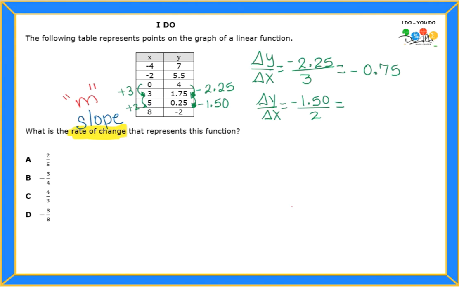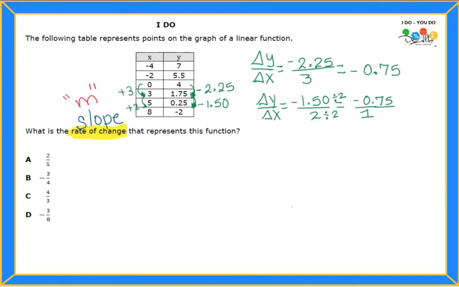On the second one, what if we simplify by dividing by 2? If I do that, I will get something with a denominator of 1, and negative 1.50 divided by 2, I get a negative 0.75.